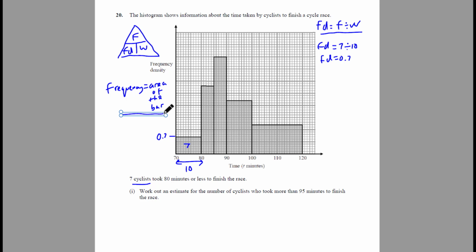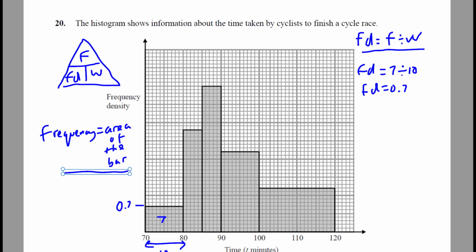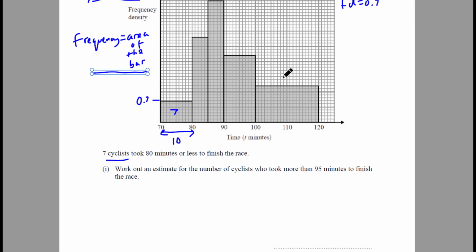Now it says work out an estimate for the number of cyclists who took more than 95 minutes to finish the race. So this is what I meant by the area of the bars.